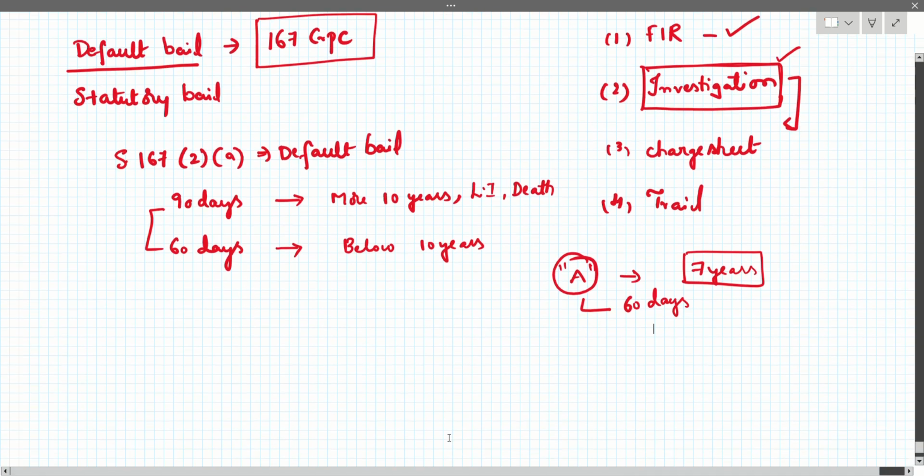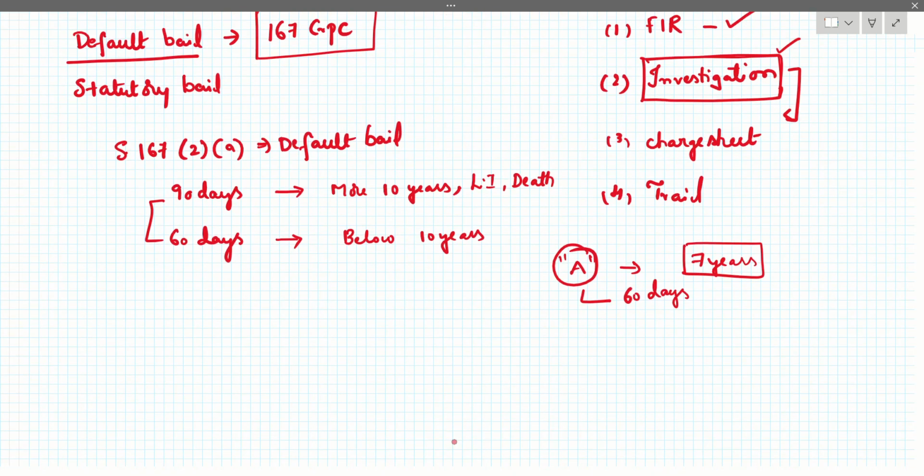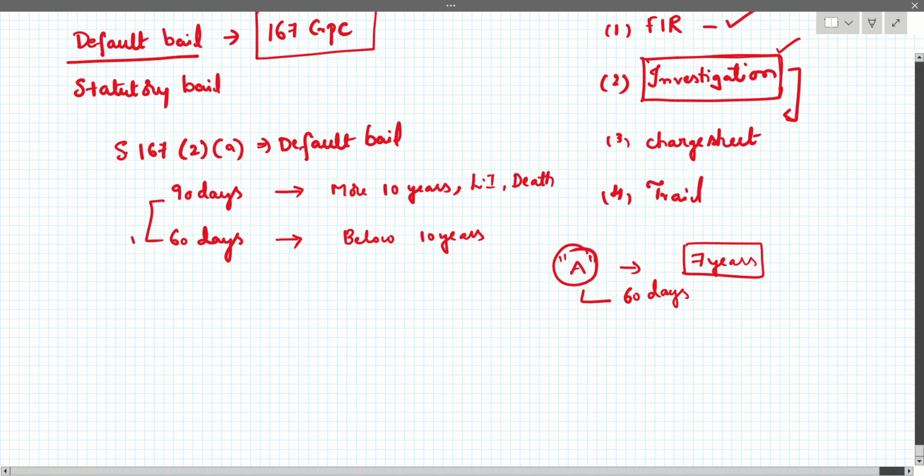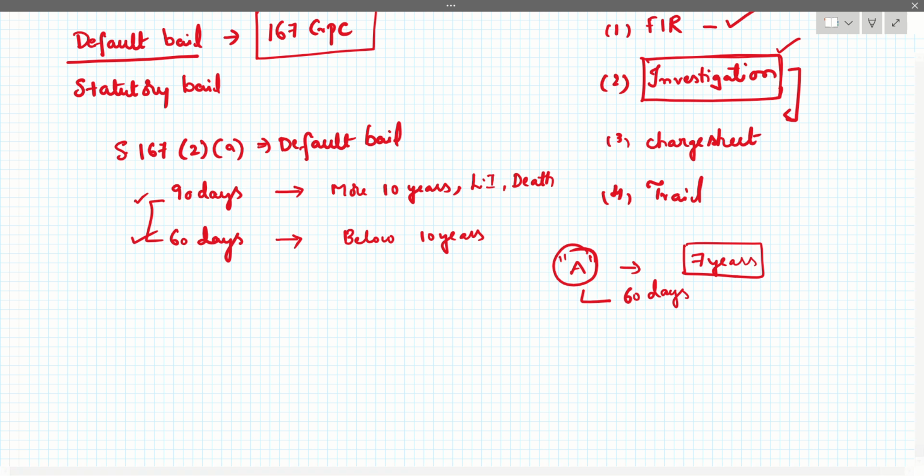I hope this is clear. If the punishment is more than 10 years, then 90 days of custody can be authorized by the magistrate, and if the punishment is below 10 years, then the magistrate can authorize up to 60 days of custody.